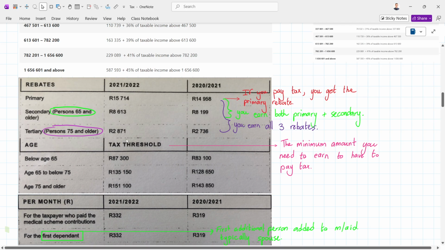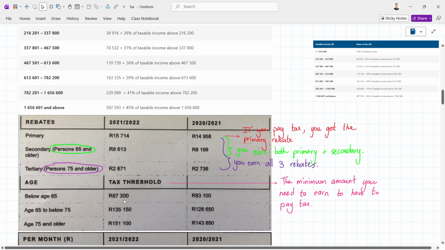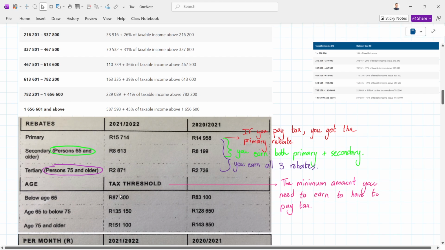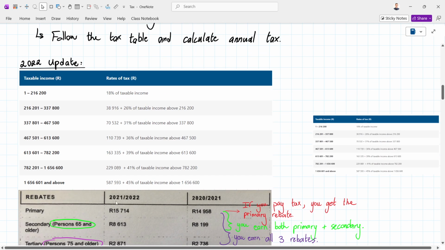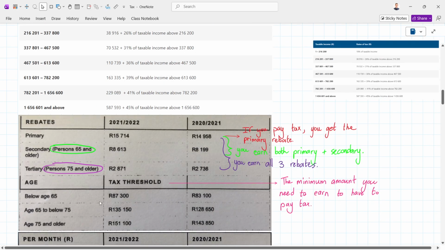And in actual fact, if I'm not mistaken, the rebate is equivalent to 18% of the threshold. So essentially, if you are right on top of a threshold and you pay 18% of that, it's going to equal the rebate, which then subtracts and equals 0, which means you don't pay tax.